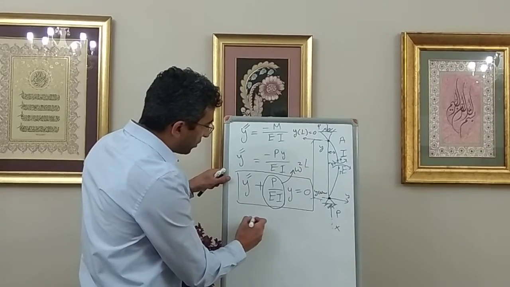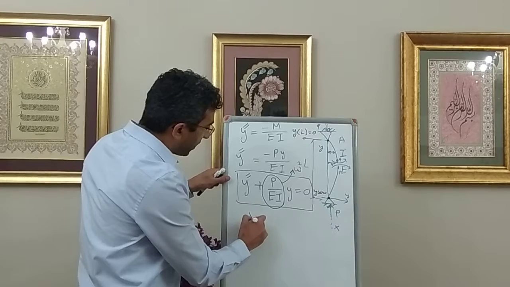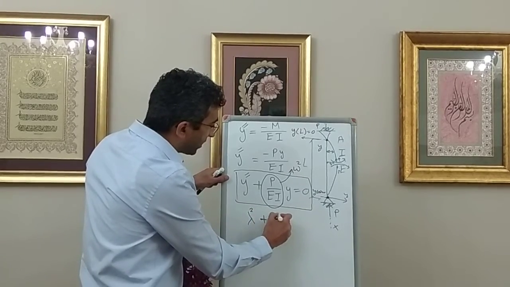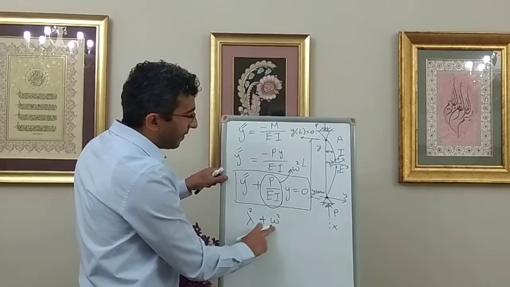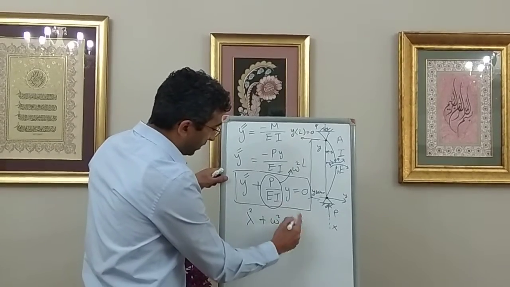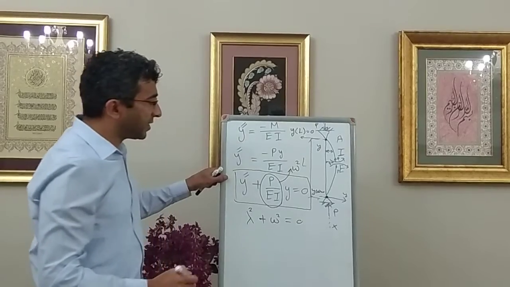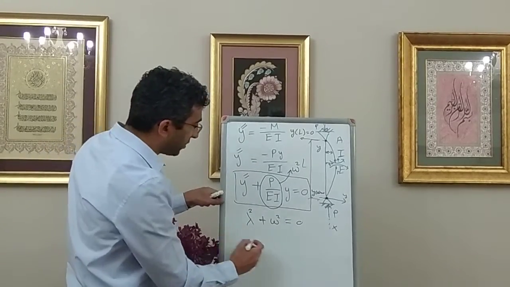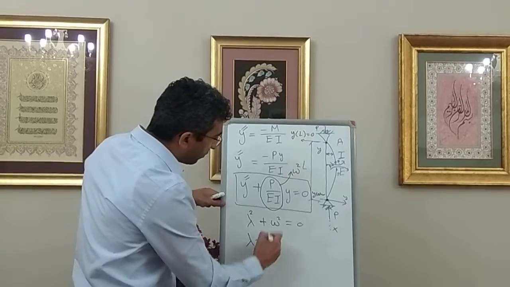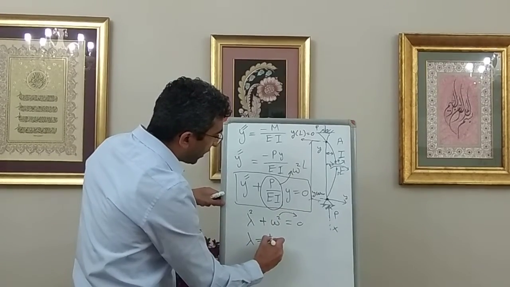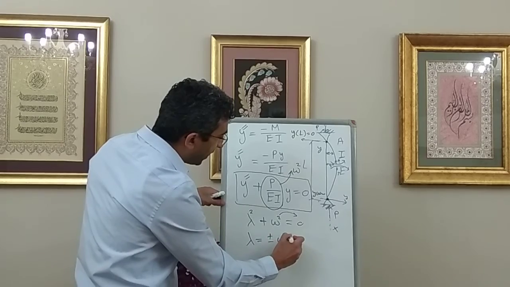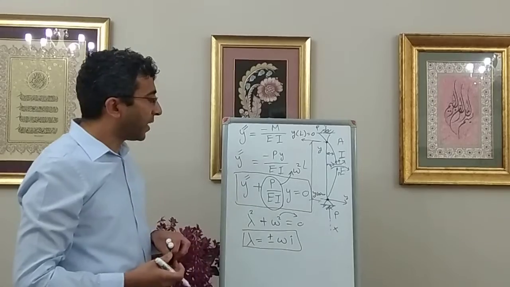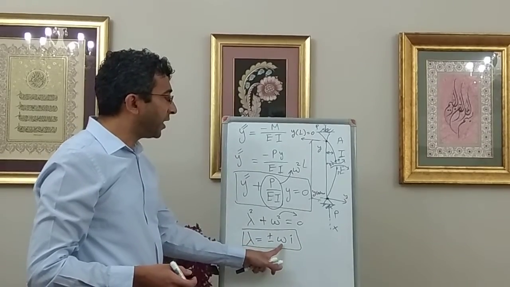From the previous lecture, you just write the characteristic equation, lambda squared plus omega squared is equal to 0. This is the characteristic equation that you need to solve. So from here, my lambda is equal to plus or minus omega i. So I have complex roots, and there is no real part, I have only the imaginary part.